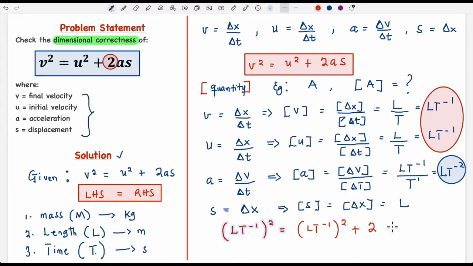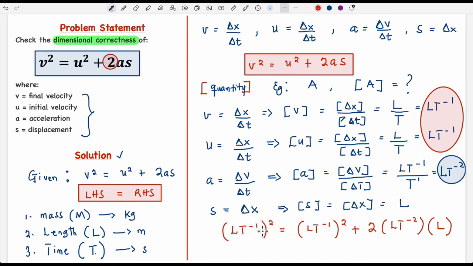And then we have acceleration, which is LT to the power minus 2. We already found it here, acceleration. And then finally we have displacement, that is the S, so multiplying L. Now we can apply the laws of indices to simplify this equation so that we can compare the left-hand side and the right-hand side.